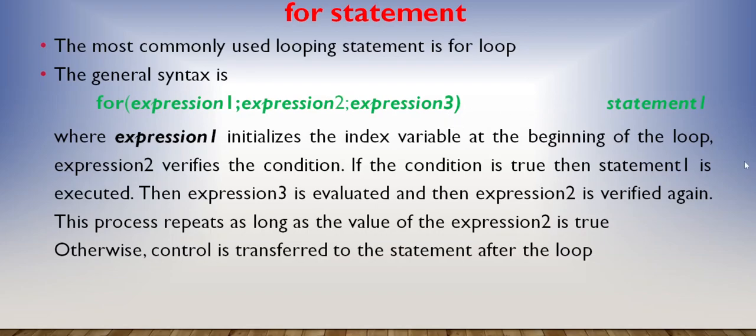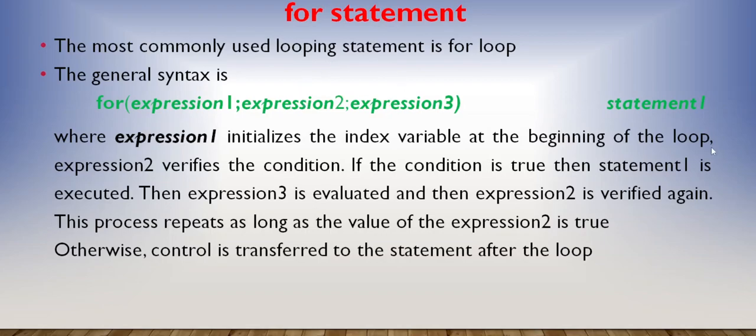But it is also a loop. So as long as expression 2 is true, expression 2 followed by statement 1, expression 3 followed by expression 2, that process repeats. Expression 1 is evaluated, expression 2 is evaluated, the statement is executed, then expression 3 is evaluated, and then expression 2 is evaluated again.